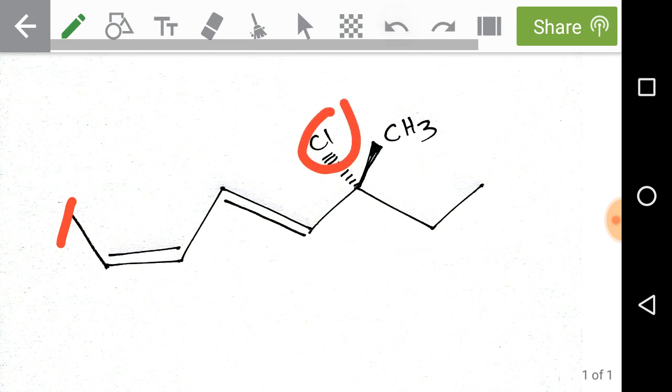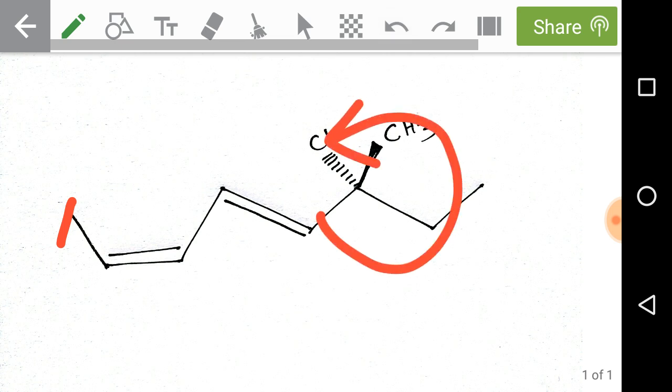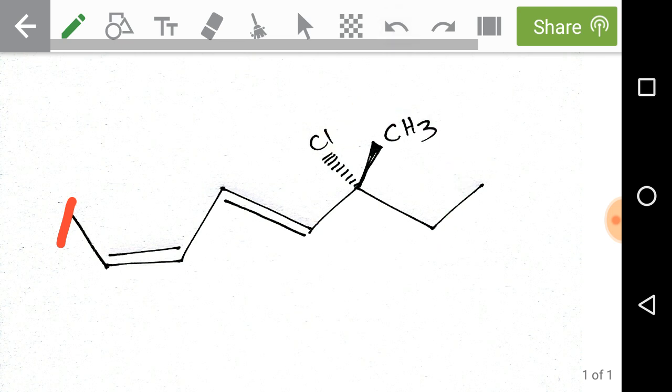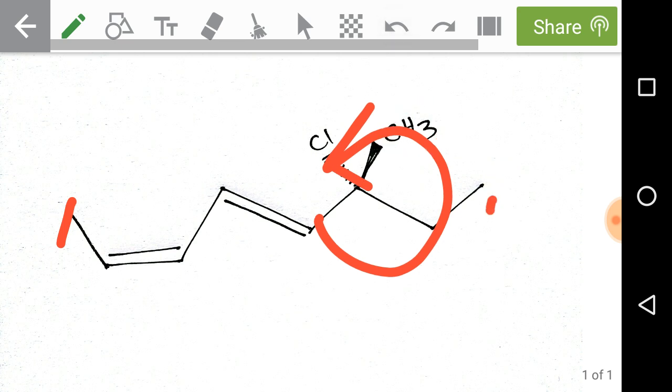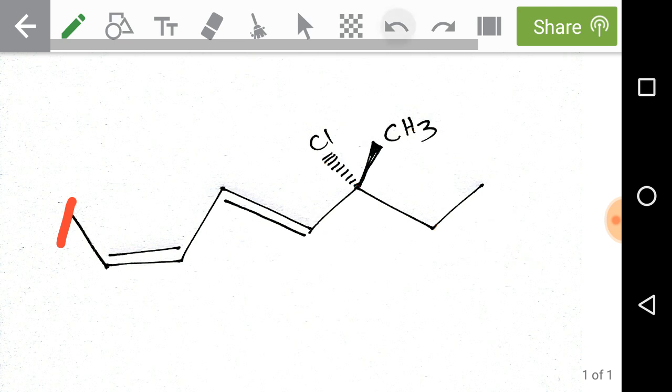Since the 4th priority group is above the plane, we need to give the opposite nomenclature. So here it is anti-clockwise, which would be S, but the least priority group is above the plane, so we give R. So 6R.